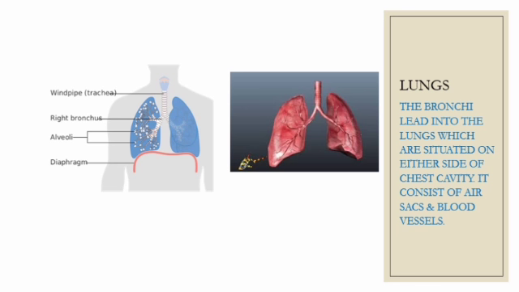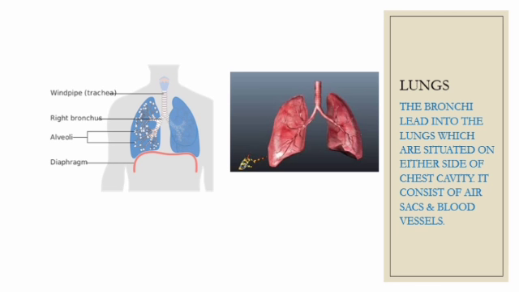The chest cavity consists of air sacs and blood vessels. When air enters the lungs through the windpipe, it reaches the air sacs, and around the air sacs we can see the blood vessels, very clearly here.